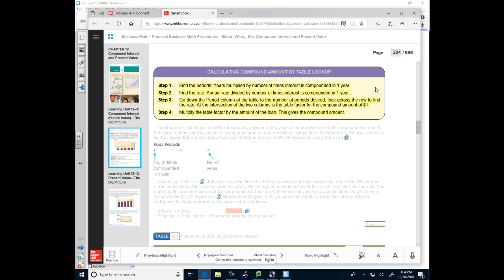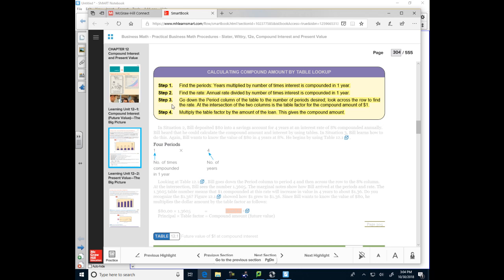So if I say 10 years semi-annual is twice a year, times 10, that's 20 periods. Okay? Find the rate. Now this is the annual rate divided by the number of times the interest is compounded in a year. So if I said 10% semi-annually, that's 10 divided by 2 is 5.